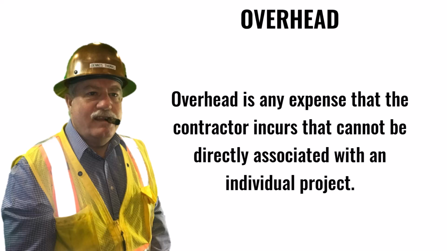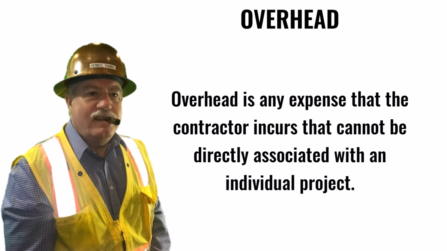Let's talk about that for a minute. There are a few categories of expenses that we need to discuss. The labor unit is just one of them. Let's start with overhead. There are plenty of definitions of overhead on the internet, and I encourage you to read some of them for a better understanding. But for our purposes, I'm going to define it this way.